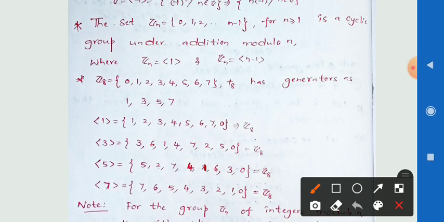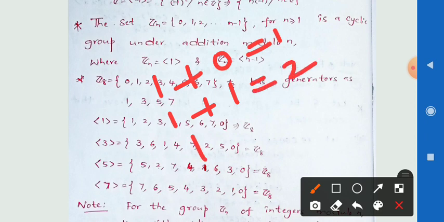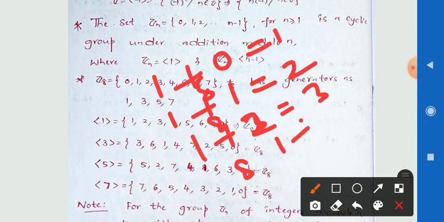If we have the generator 1, in addition, 1 plus 0 we get 1, and 1 plus 1 we get 2, and 1 plus 2 we get 3, and here addition modulo must be taken. 1 addition modulo 8 with 4 is equal to 5.